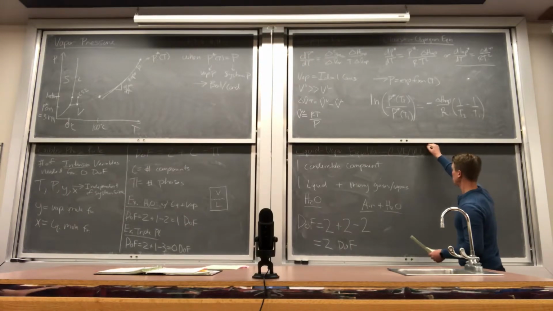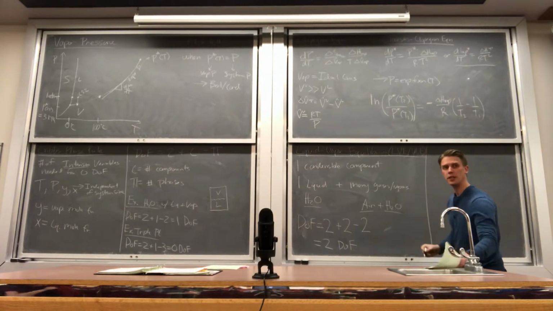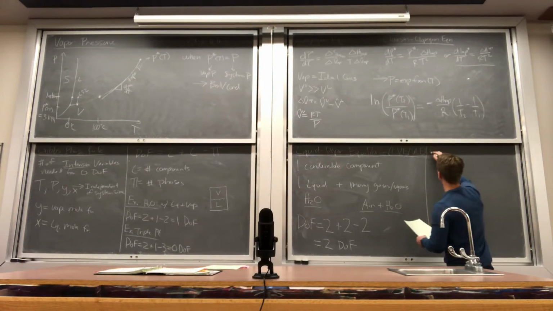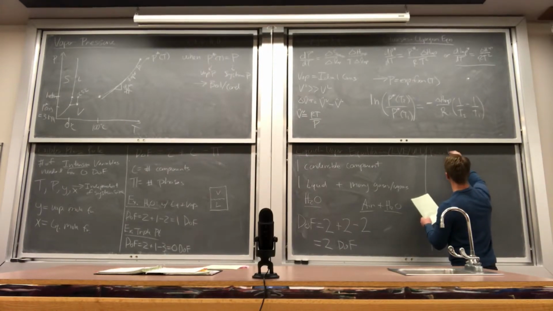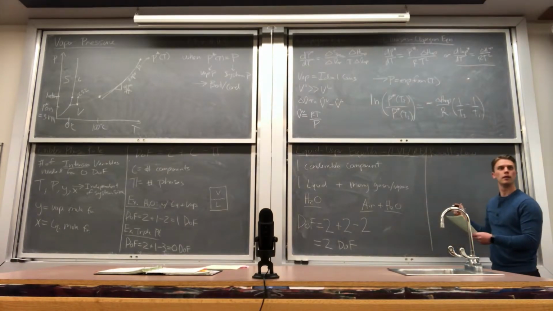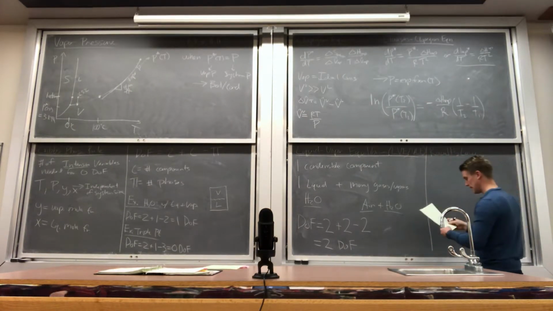So the equation that we will use to solve these types of problems is going to be something called Raoult's law. Who has heard of Raoult's law? A few folks.